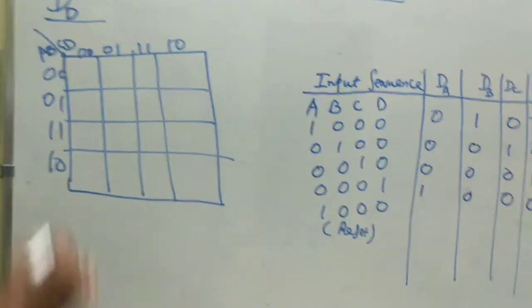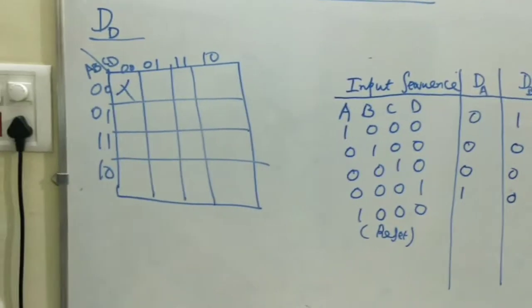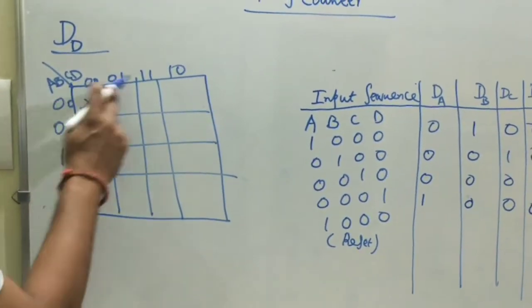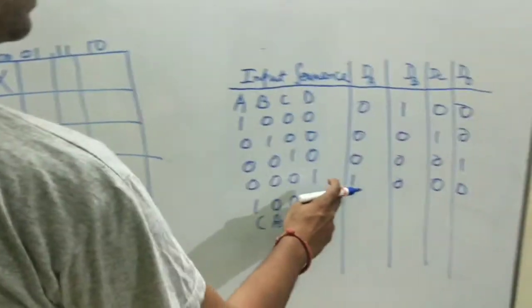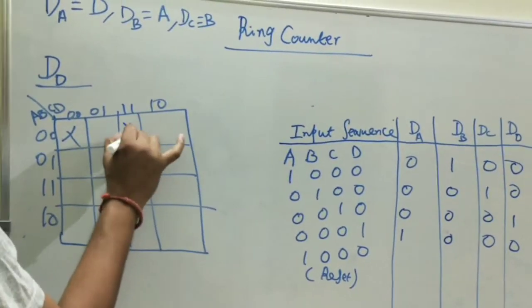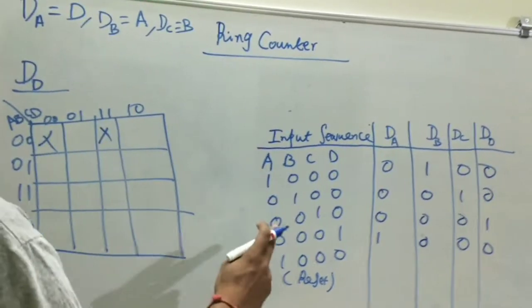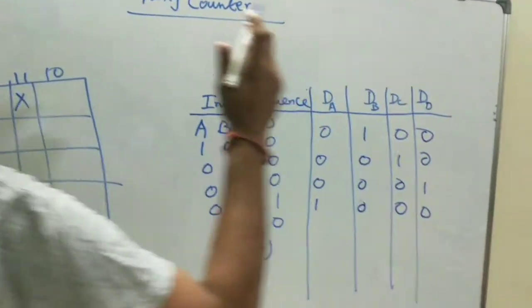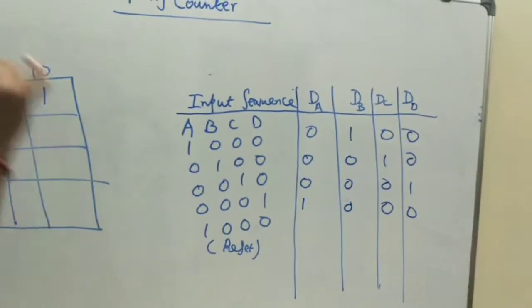Right? 0, 0, 0, 0 is going to be don't care. 0, 0, 0, 1 is 0, we won't plot it. 0, 0, 1, 1 won't come, that is don't care. 0, 0, 1, 0 is 1.